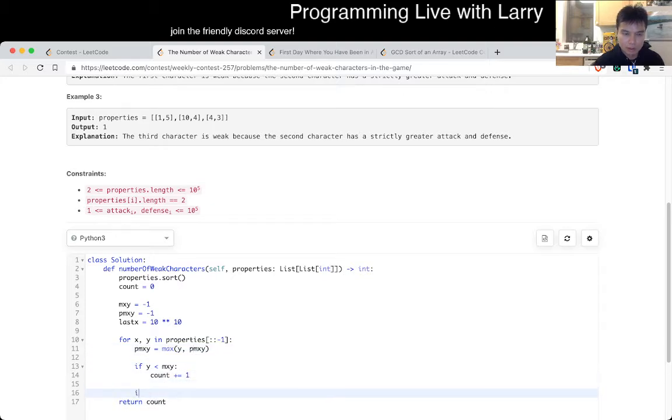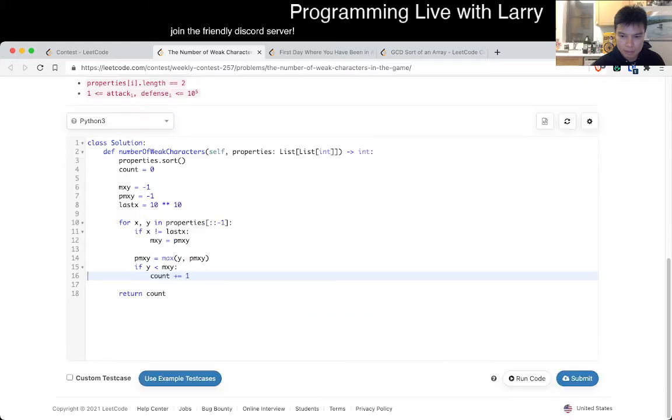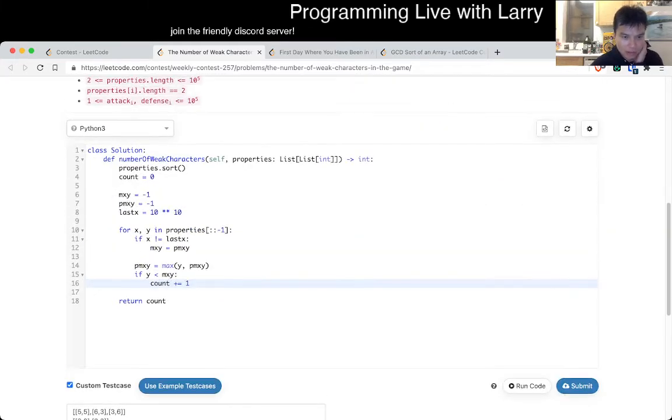If X is not equal to last X, then we process all the previous Y's. But then we do this first. Okay, so if this is not the case, so this. Is this right though? I feel like this is roughly right, but I have to double check. So we process everything.